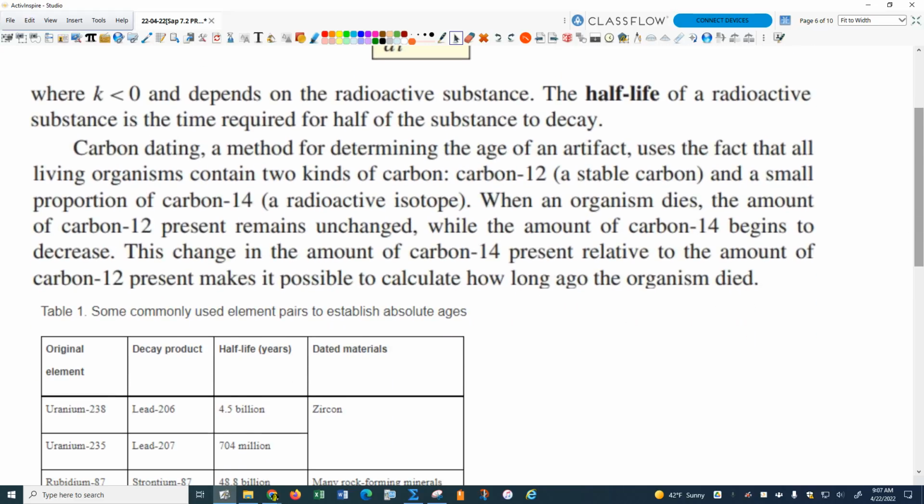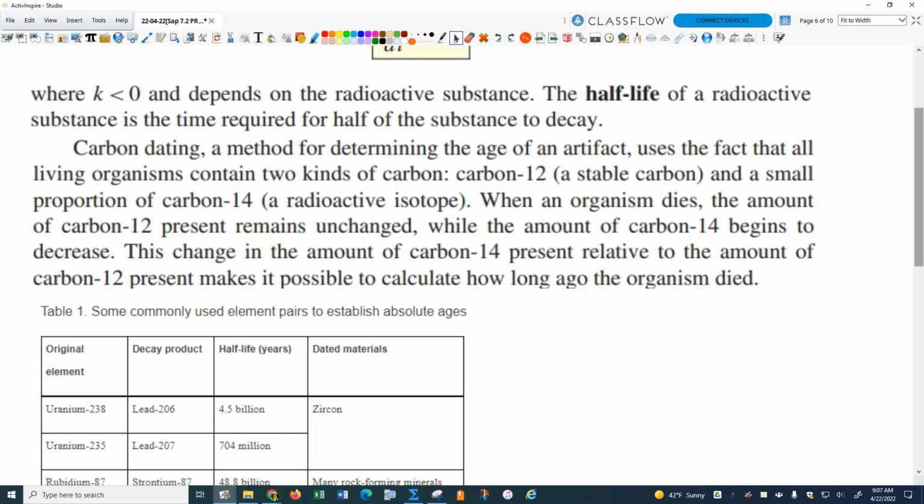Carbon dating, it's a method we can use to determine the age of some kind of organic artifact, right? It uses the fact that all living organisms contain 2 kinds of carbon. There's carbon-12, which is stable, and carbon-14, which is radioactive and decays.